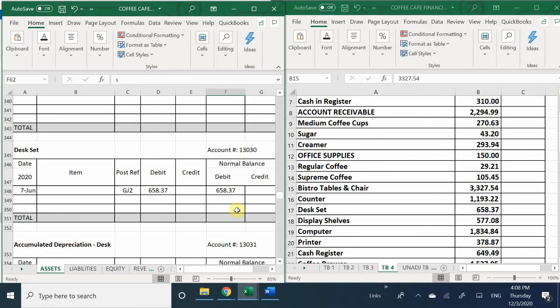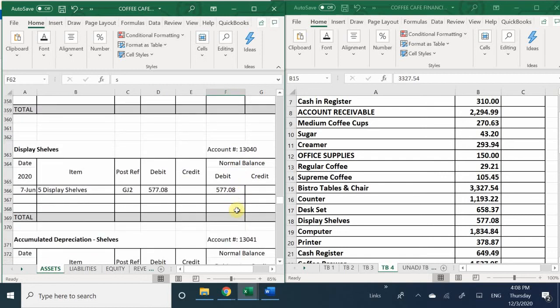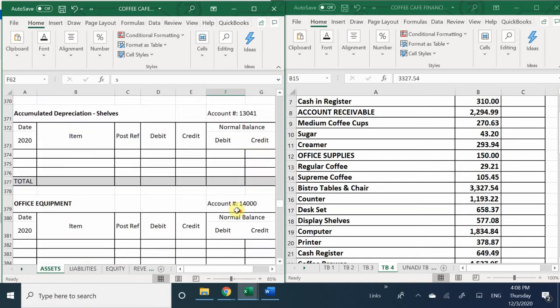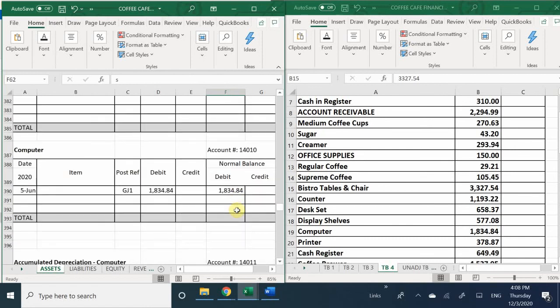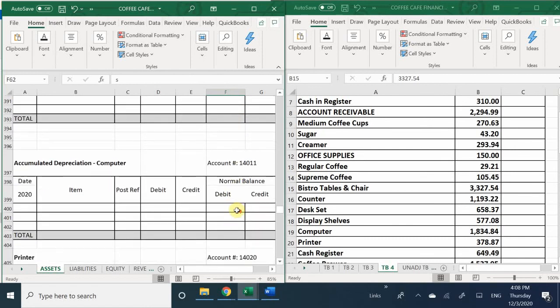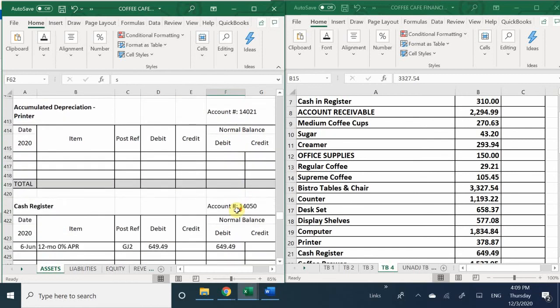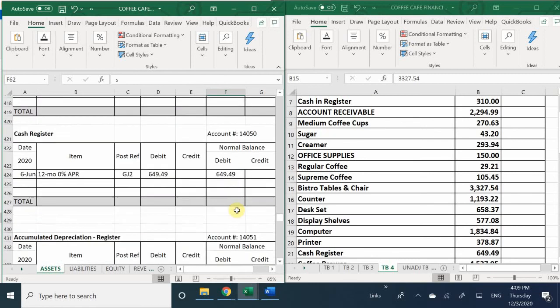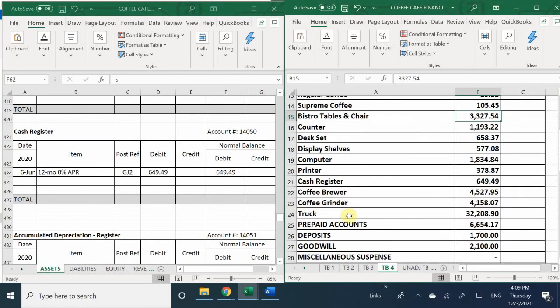What about our display shelves? No, all those stayed the same. So the next one is office equipment. Did our computer stay the same? Yes. And our printer? Yes. And our cash register has also stayed the same. Okay.